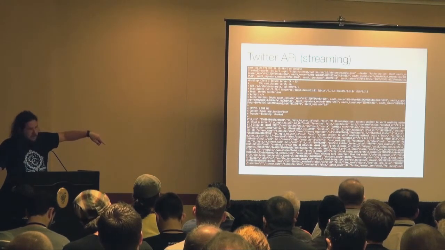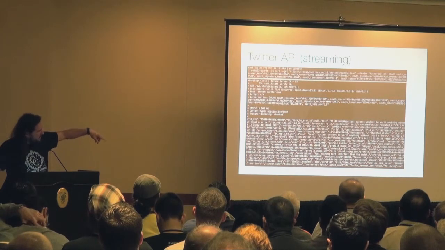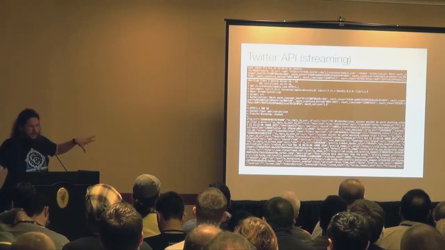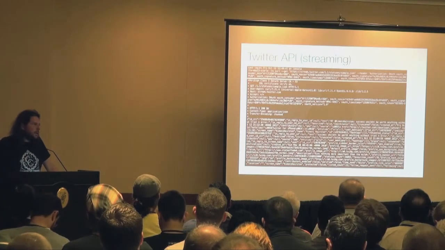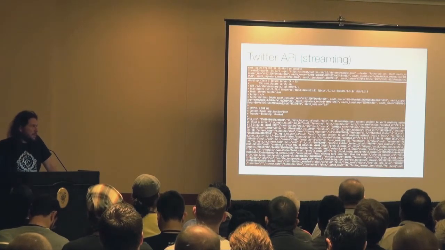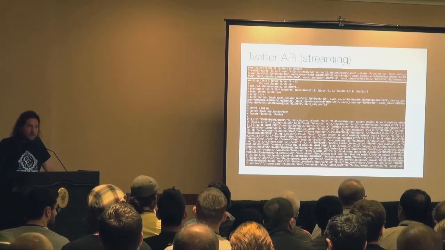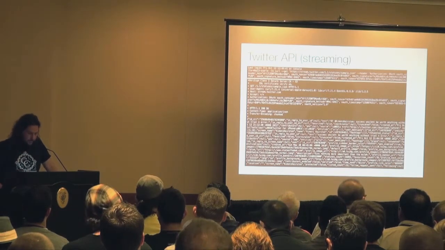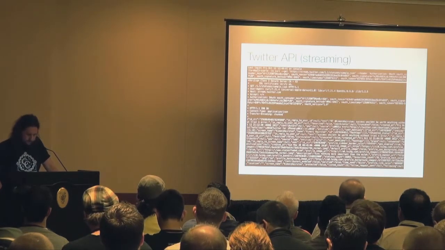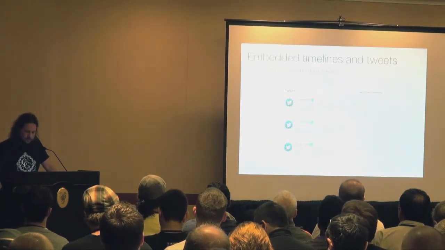For 1 second, I had like 20 screens of these, but you get all the JSON objects in the stream as they come through. So a typical usage would be listening for a search result over a hashtag, or all the tweets from someone, or all the tweets mentioning someone. These are things that you can do.